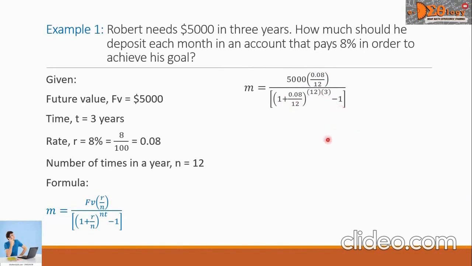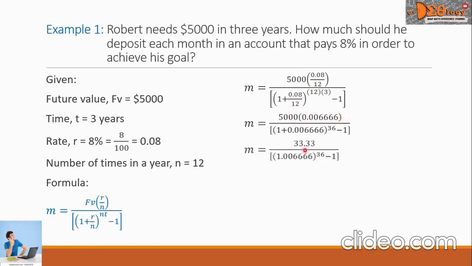Let us simplify further by getting the quotient of the fraction. 0.08 over 12 is now 0.006666. And this same decimal will appear at the bottom in the denominator. In our next step, in our numerator, we will multiply the 5,000 by this decimal.